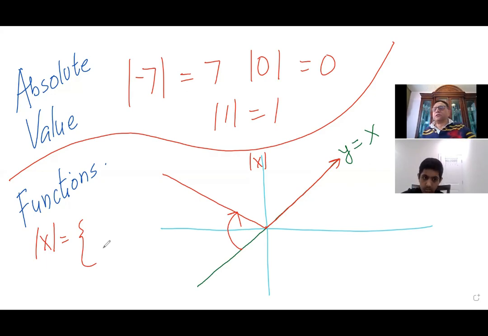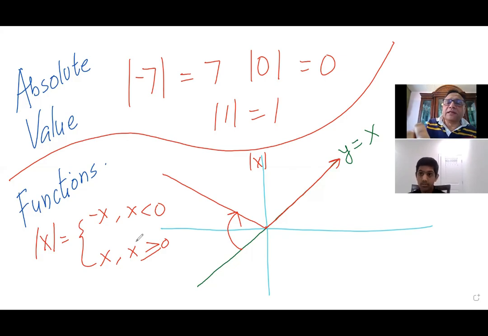One piece is on the left side of the y-axis, the other one is on the right side. On the left side, we actually reflected the line, so I'm writing minus x. Minus x means the negative value of x, right? When x was less than 0. However, it is the same as x when x is greater than 0 or even equal to 0. Does it make sense to you? Yeah, so that is what the absolute function is.